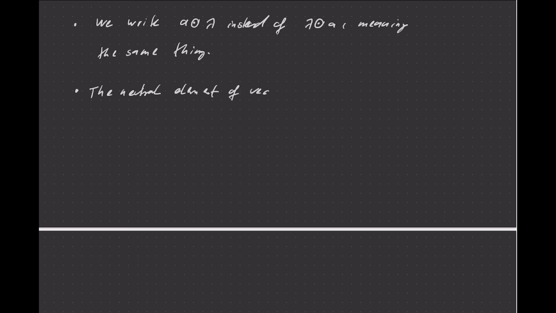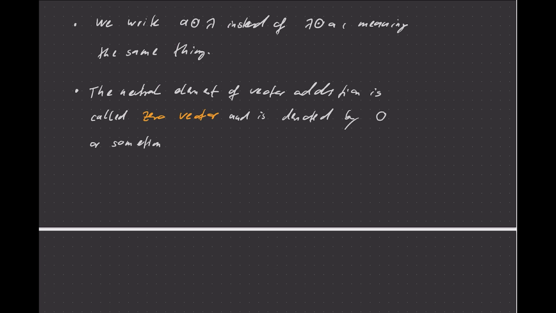The neutral element of vector addition is called the zero vector and is denoted by either just 0 or, if you want to stress that it's actually a vector, we sometimes use 0 with an additional line like this. So that's the all zeros vector, or the neutral element in the more general setting.